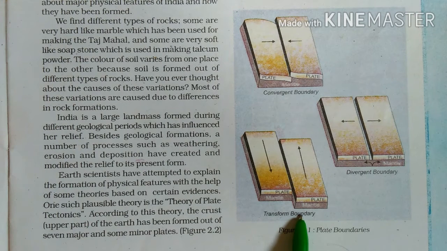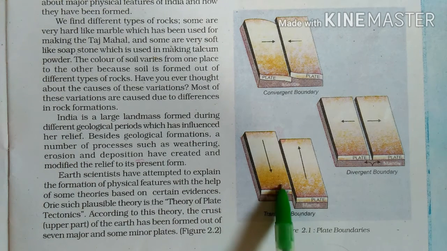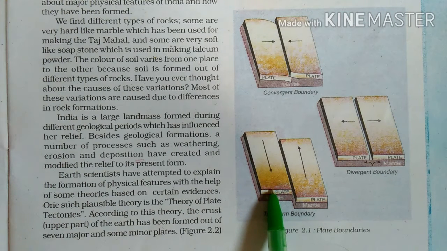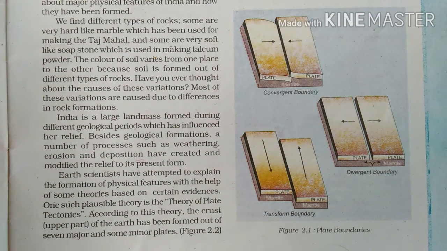Crumble means one may slide under the other. We call it a transform boundary. Now we will move on to the next page.